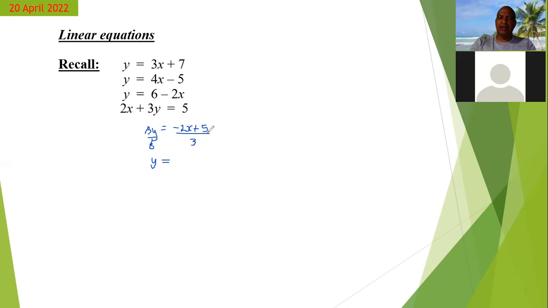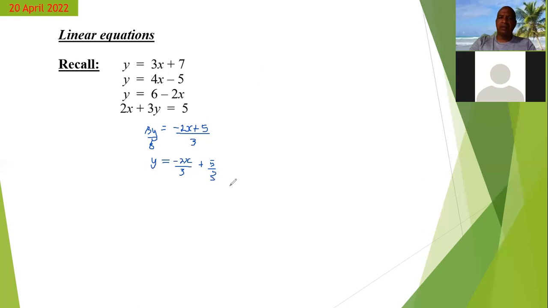Instead of writing everything over 3, we divide each term in the numerator by 3. That means you would have negative 2x over 3 plus 5 over 3.